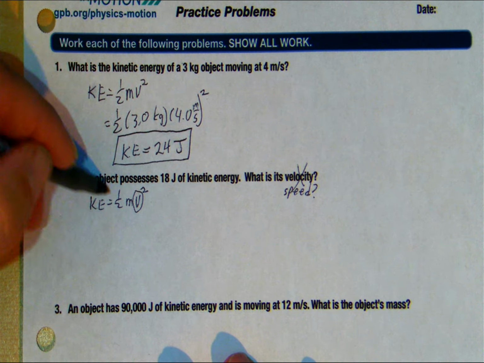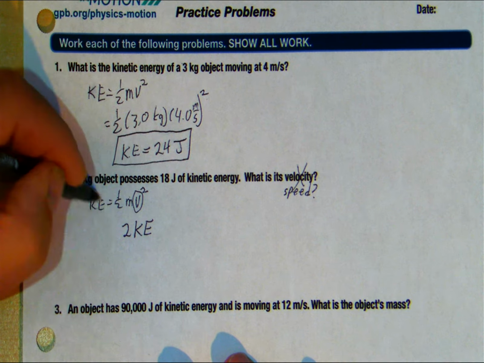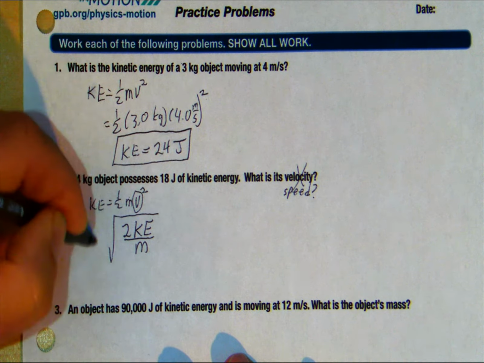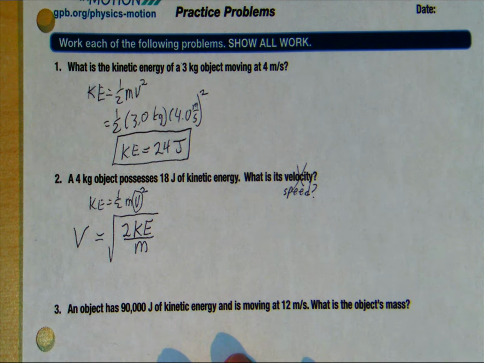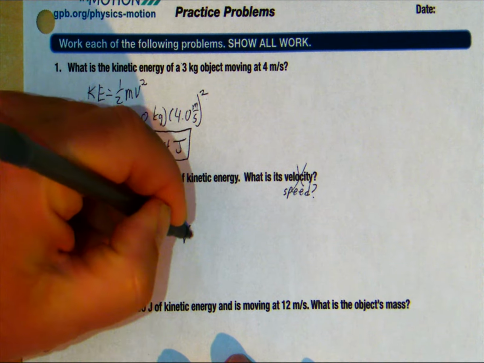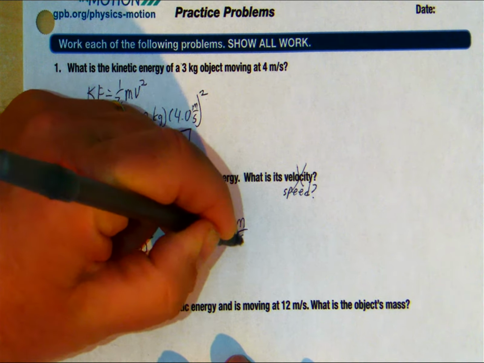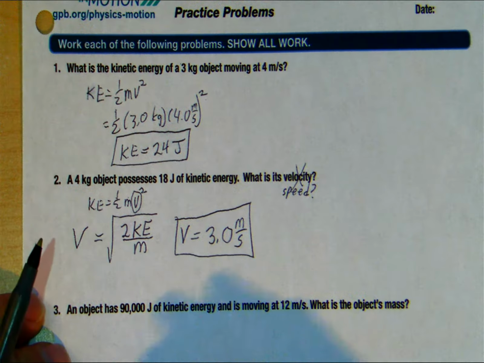Rearranging this equation, we multiply both sides by 2, divide both sides by the mass, and then take the square root of both sides, and that will give us the speed at last. I get a speed of 3 meters per second with no known direction, so I can't tell you what the velocity is.